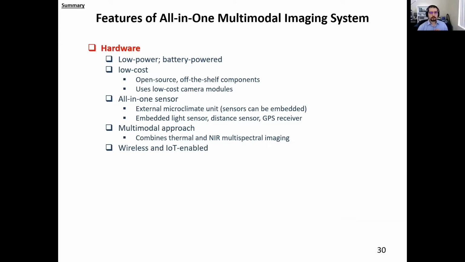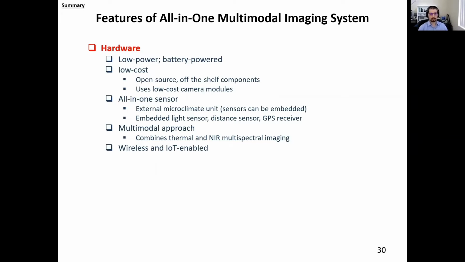So, features of the all-in-one multimodal imaging system that I described. It's hardware, it's low power, it's battery operated. Saying low power is relative, but because it can rely on batteries for several hours, we can say that.